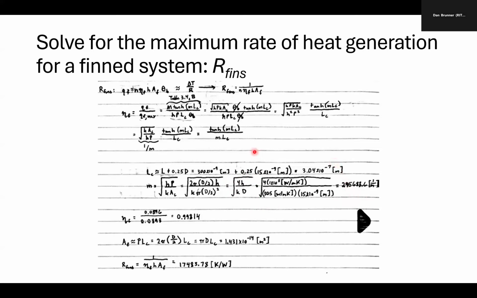So now we have everything we need for solving for our fin efficiency. If we take the hyperbolic tangent of m times the characteristic length and then divide that by m times the characteristic length, we get something like 0.99814, or 99.8% for our fin efficiency, which is quite high, but that's okay.